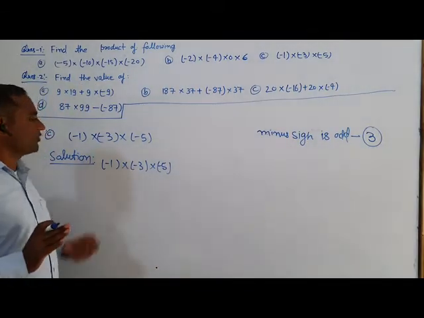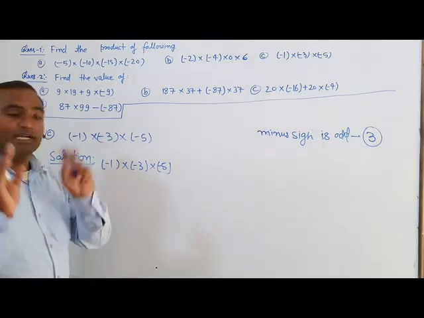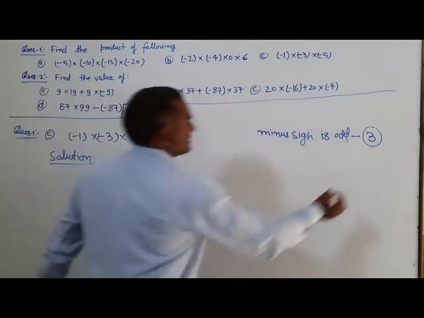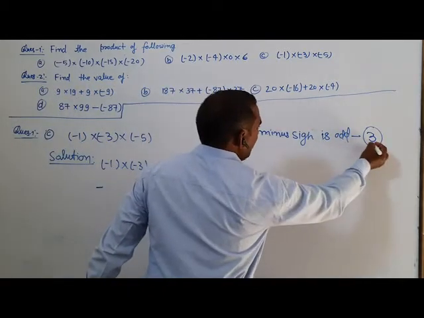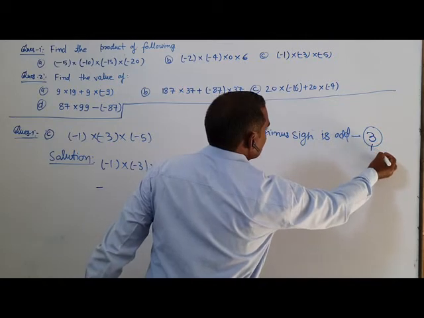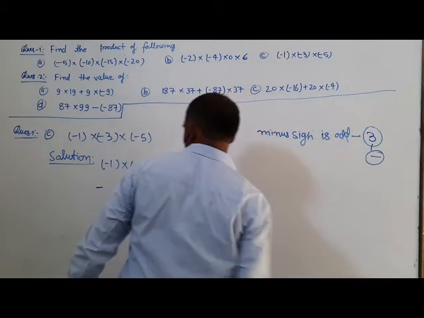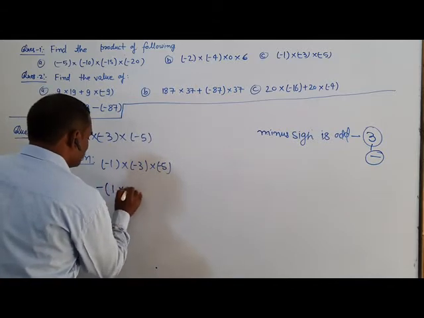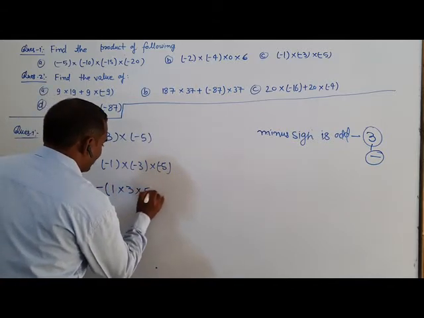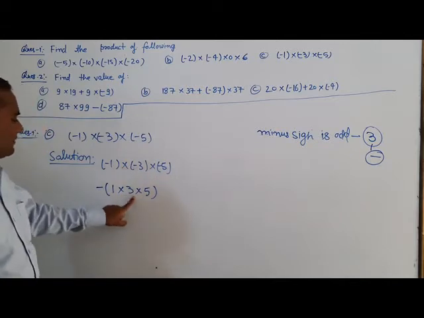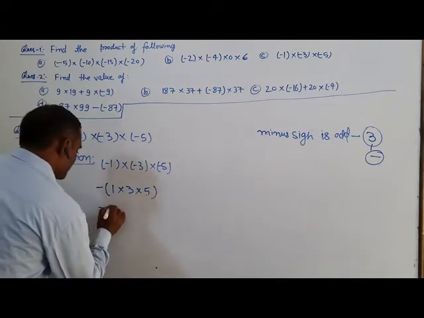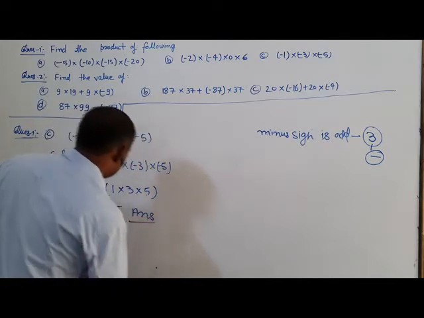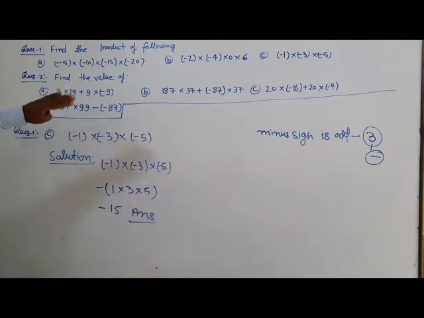So इसका जो product का जो sign होगा वो negative होगा, means minus, because minus sign odd है, 3 है, 3 is odd number, so sign will be negative. Now multiply the integer. 1 into 3 into 5. 1 3 ja 3, 3 5 ja 15. Minus 15. This is the answer of option C.